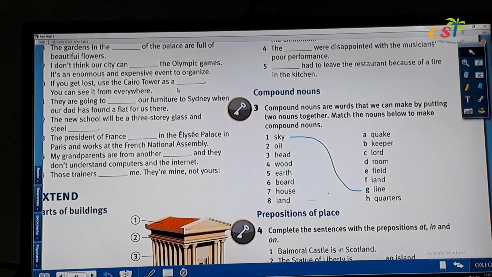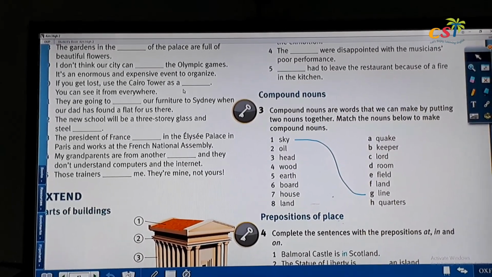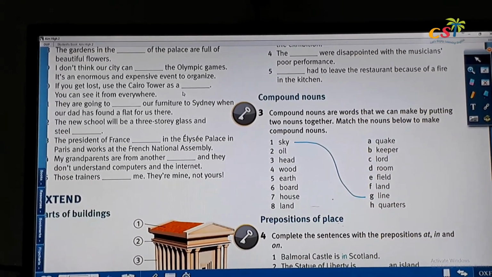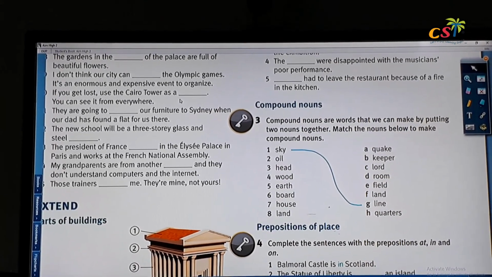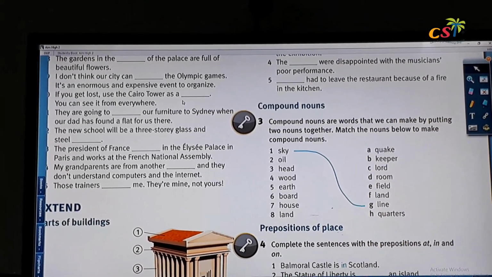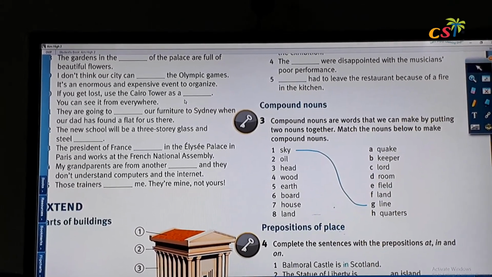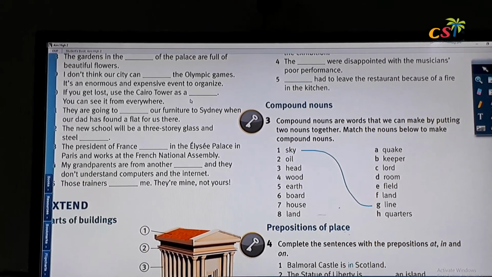Now compound nouns. Okay, for compound nouns, you have to match the words from the left with the words on the right. Let's try. Skyline. That's the first word. Oil, field. Good. Oil field. Headquarters. Yes, headquarters.